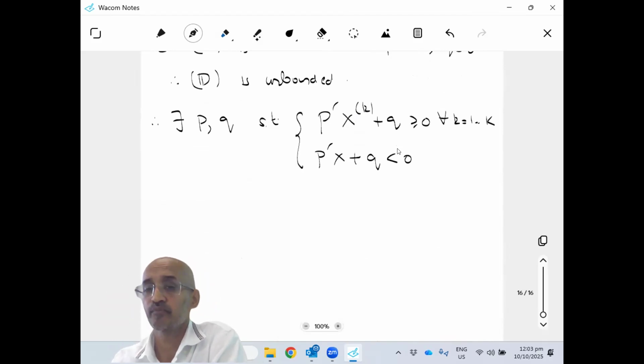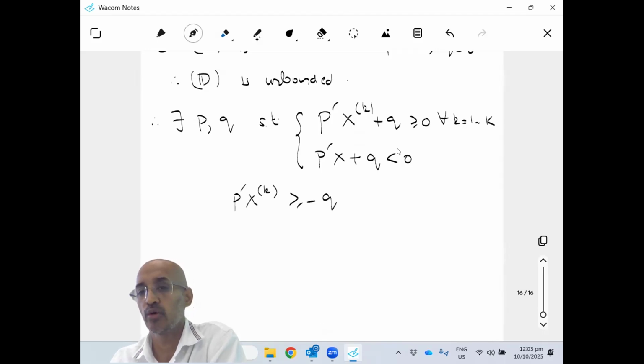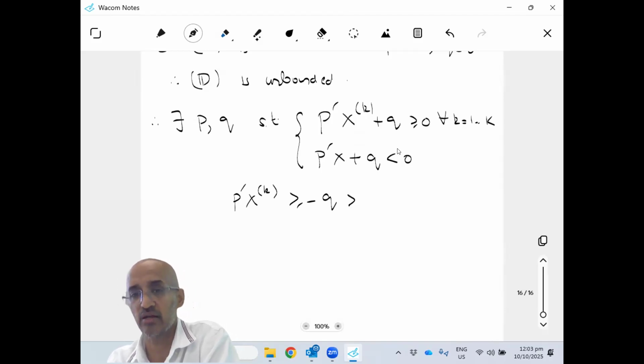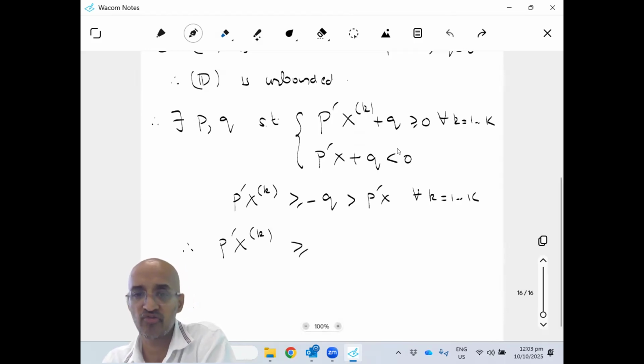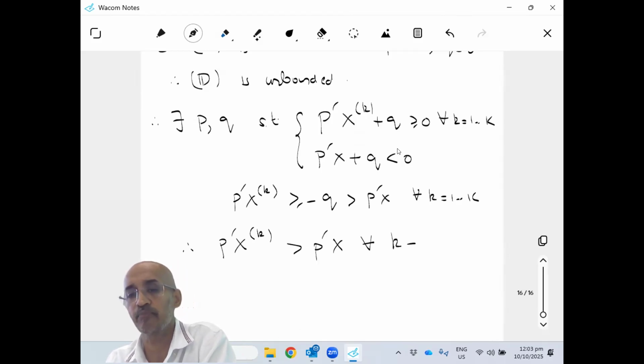Together, what does this mean? p transpose xk is greater than minus q, but minus q is less than, if I move this side, p transpose x. So this implies that p transpose xk is strictly greater than p transpose x for every k.